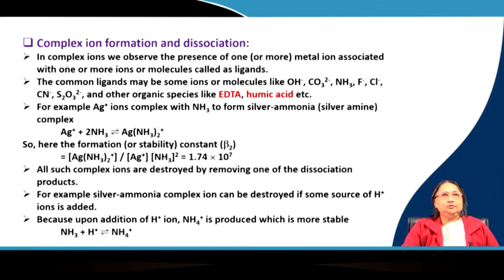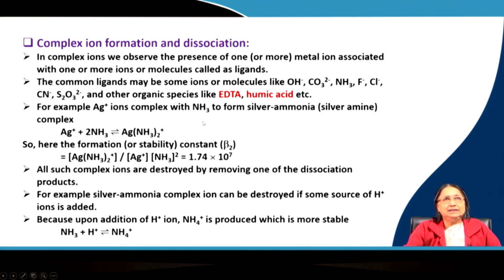Now, complex ion formation and dissociation. It is also very important to know about complex ions: if some complex ion is formed, how we should write it and what we should consider. What is a complex ion? Consider, for example, Ag(NH3)2 plus.